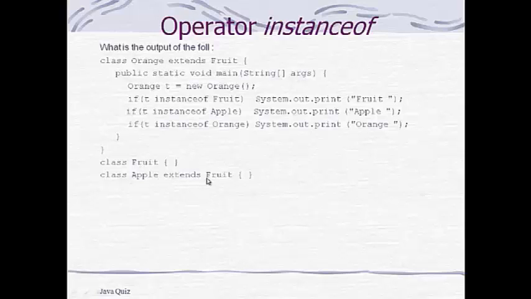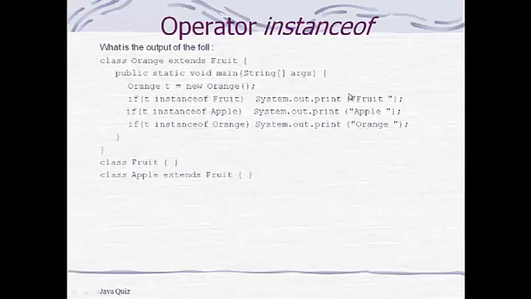Both are extending fruit, which is the parent, and we are trying to make an instance of orange. T is equal to new orange. So T is an instance of orange. It can be instance of the parent also, that is fruit. It cannot be instance of apple.